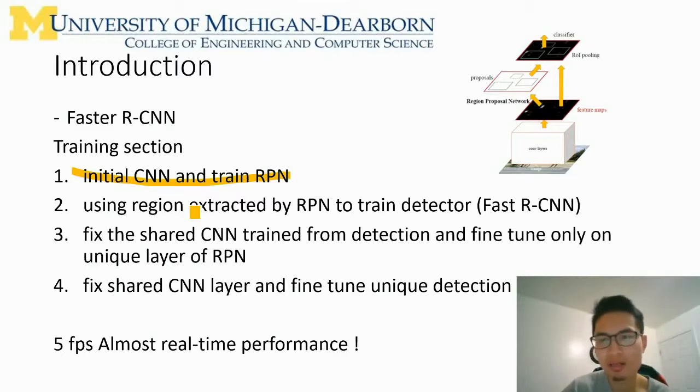Finally, it yields a unified network using the same convolution layers, with a unique region proposal network and a unique classification network. The unified network is important because it eases the GPU computation, and it almost achieves real-time performance, around 5 frames per second.